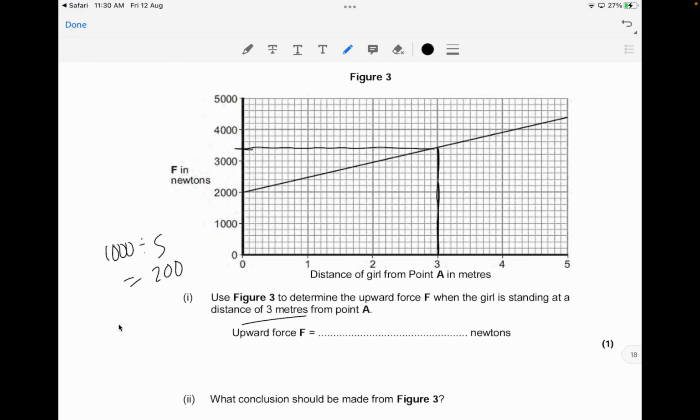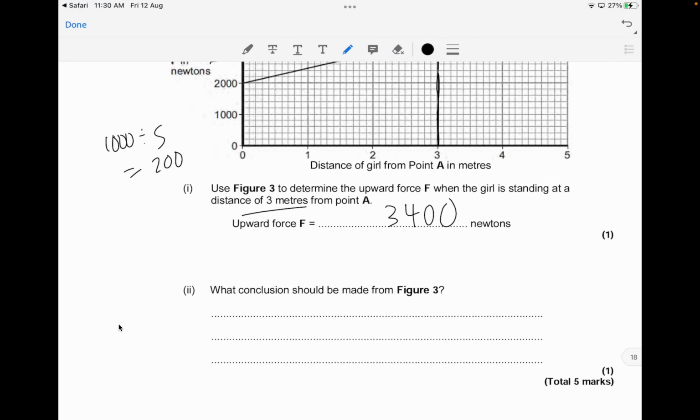So you have 300, so it's going to be about 3,400 newtons roughly. So if you have 3,000 plus 200 plus 200, it's going to be 3,400 newtons. Alright, let's move on to the next question.